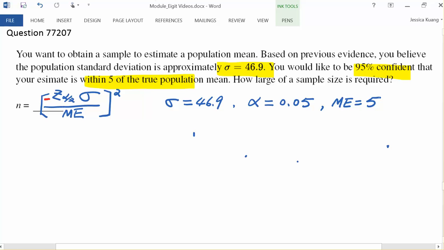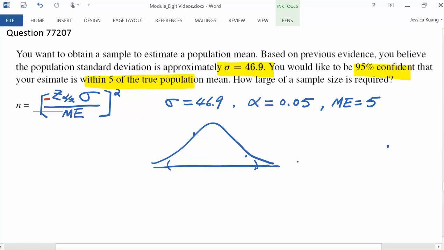So we have just about all of the information except negative Z alpha over 2. So what does negative Z alpha over 2 mean? Here I have a normal distribution and my 95% confidence interval will go from here to here.